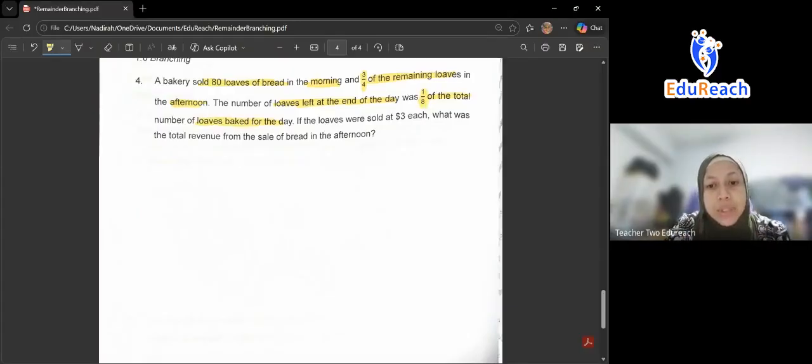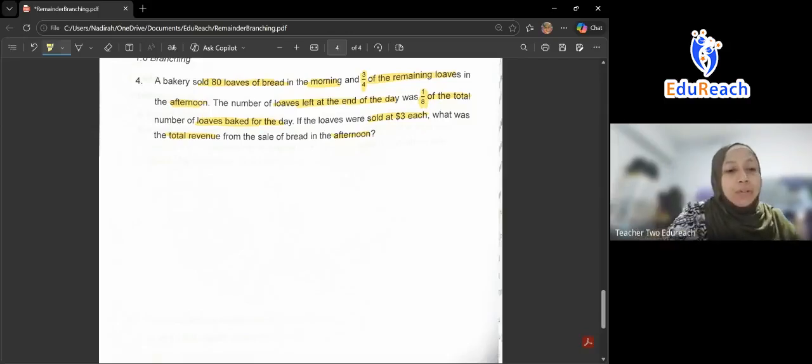If loaves were sold at $3 each, what's the total revenue for afternoon? Revenue means how much money you collected from selling all the loaves in the afternoon. Okay, so we definitely need to know how many loaves were sold in the afternoon so that we can find out how much money the bakery got, right?